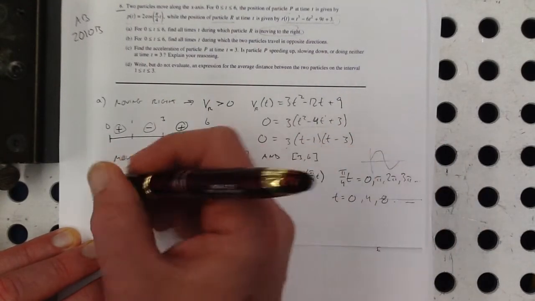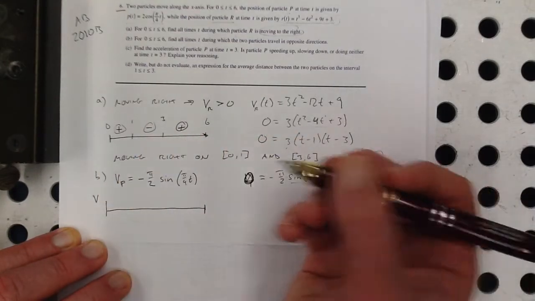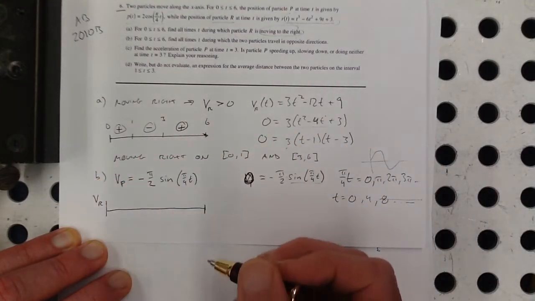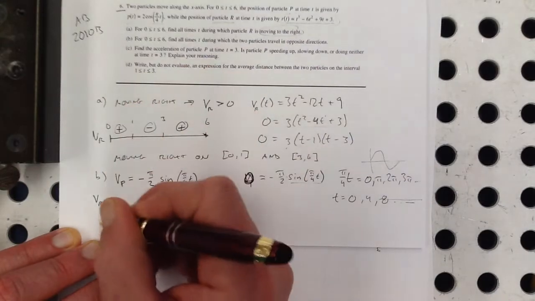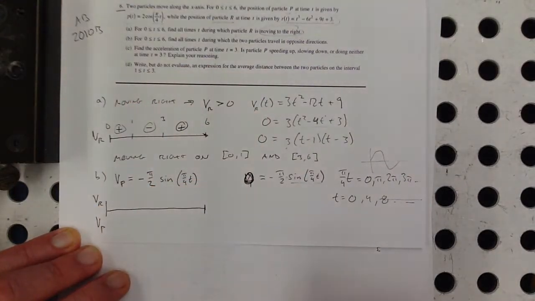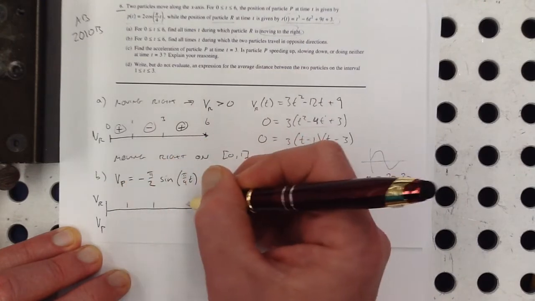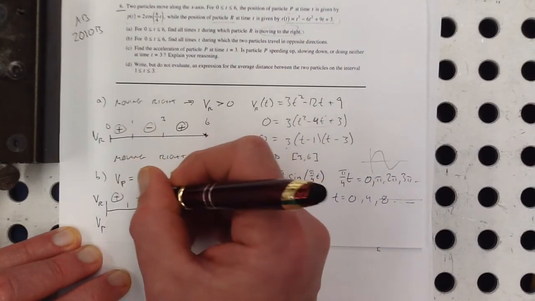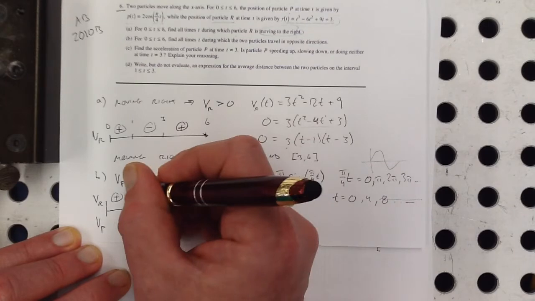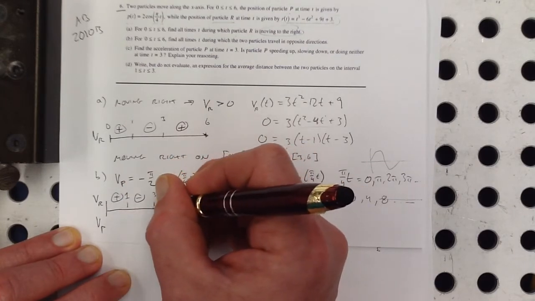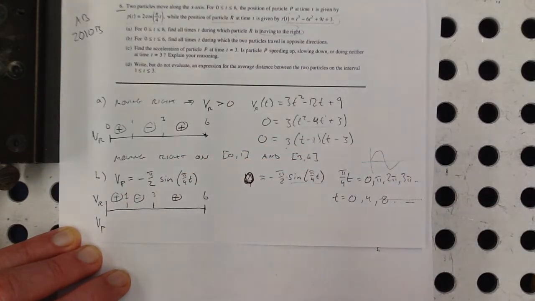So if I make kind of like a double velocity sign chart, velocity of r, which I already did here, and velocity of p, both on it, that's what the r one would look like.